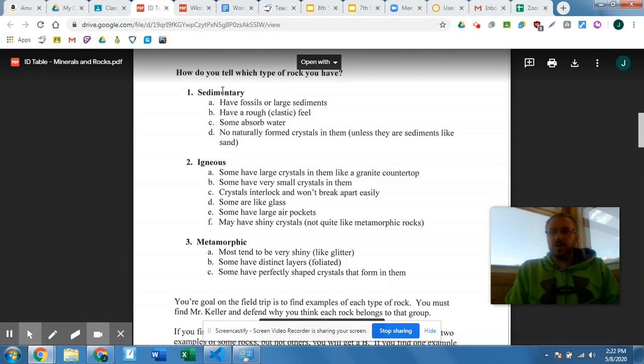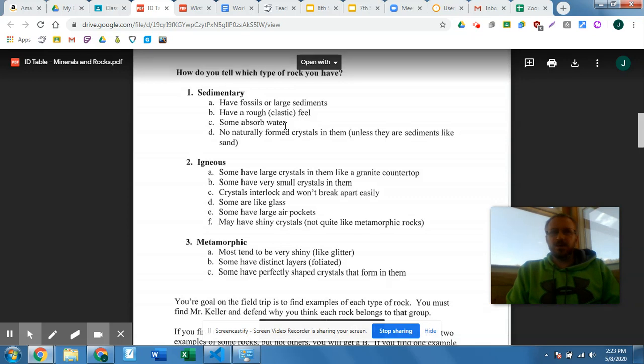If it can absorb water, I should actually try to find a rock for my notes that can absorb water. It is a sedimentary rock. So that fact right there actually helps you know what kind of rocks can store oil too, like crude oil for refining into engine oil, gasoline, jet fuel, all that stuff.